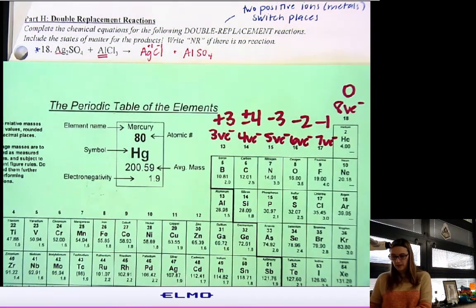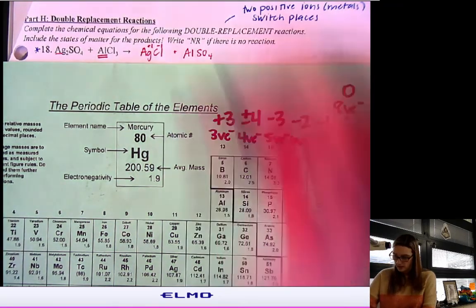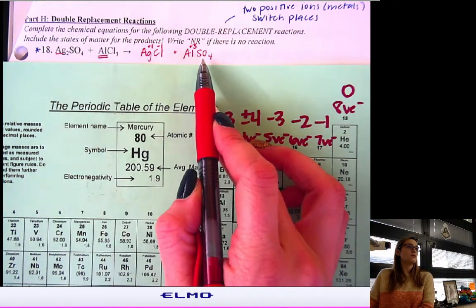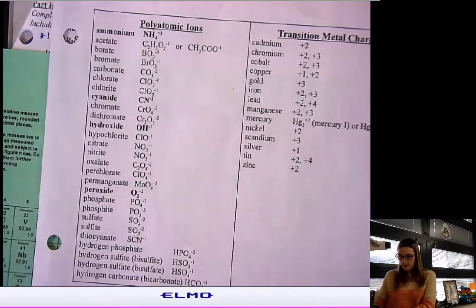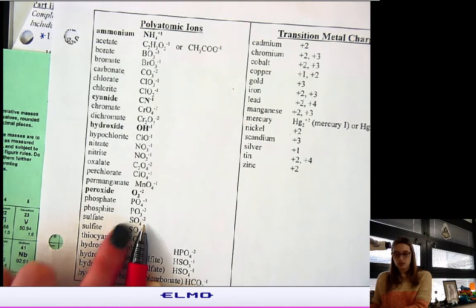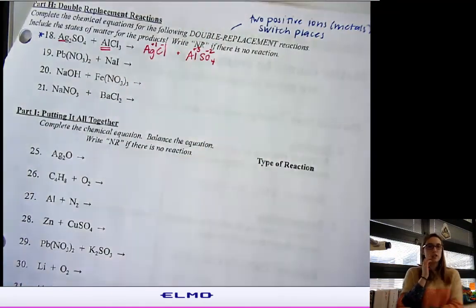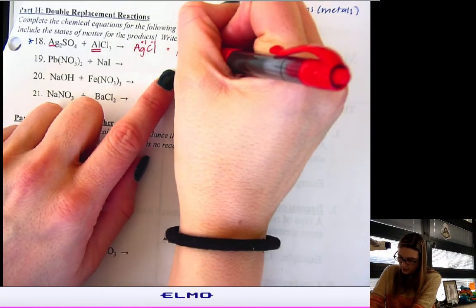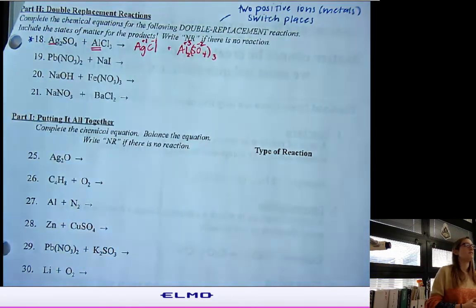So again, periodic table, aluminum, +3. Right, +3. Sulfate, SO4. That's a polyatomic ion. SO4 is -2. So since SO4 is -2, you crisscross the charges. The 2 comes down after the aluminum. I'll put SO4 in parentheses with a 3 on the outside.